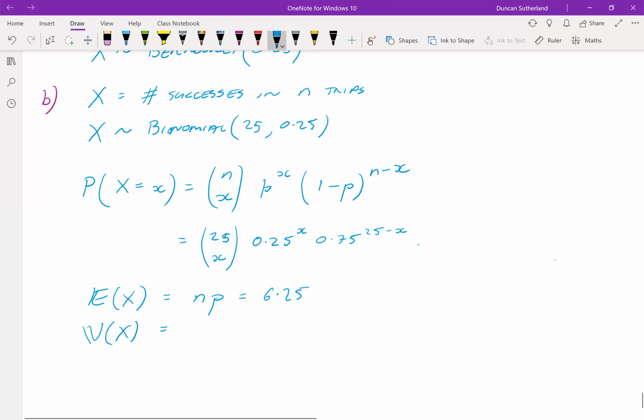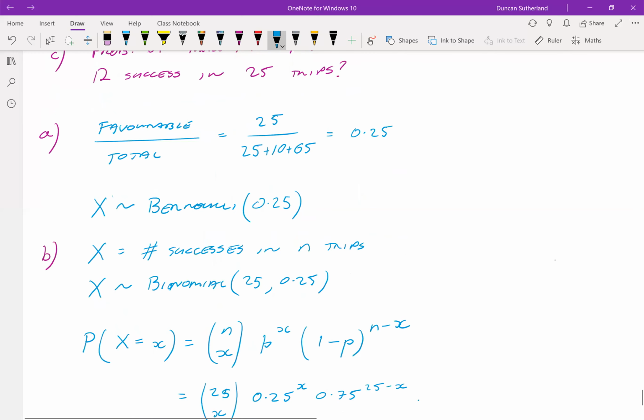That's just n times p times 1 minus p. That turns out to be 4.6875. And you can put units on this. This is successes, and this is successes squared if you want to put units on it.